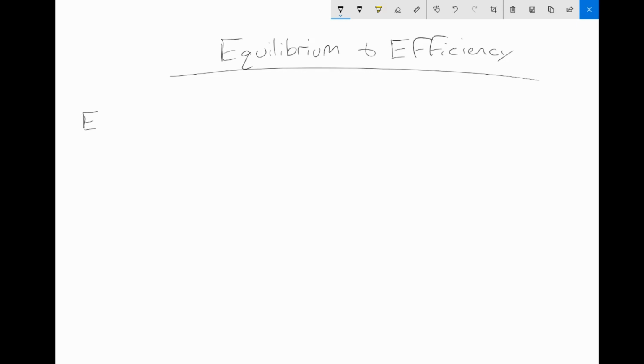So an equilibrium is basically when an economy, when a group of rational agents, have traded or made economic exchanges to the point where all possible exchanges have been made.